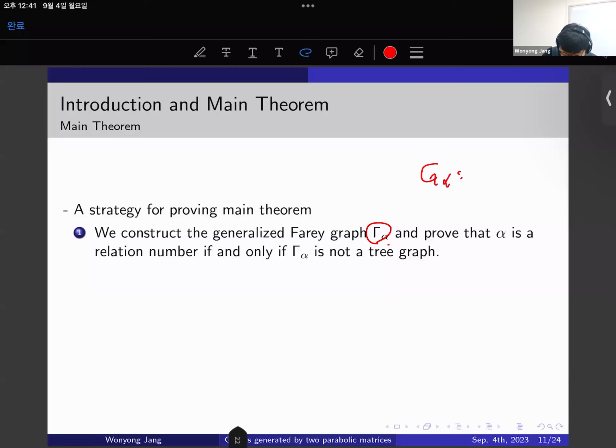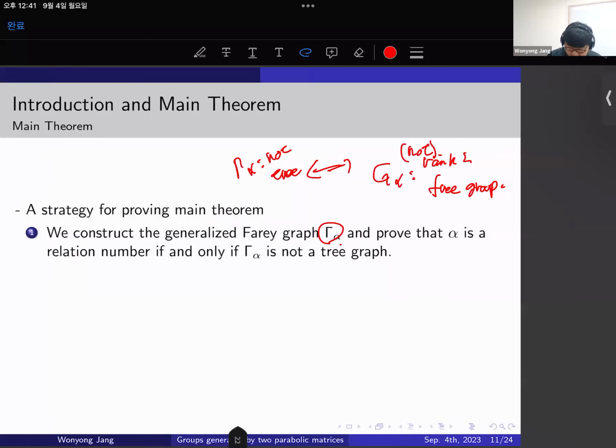It means that G alpha is not linked to free groups by definition, if and only if the graph Gamma alpha is not a tree. So if Gamma alpha is a tree, then G alpha is linked to free group. So we define Gamma alpha and we will show this fact.